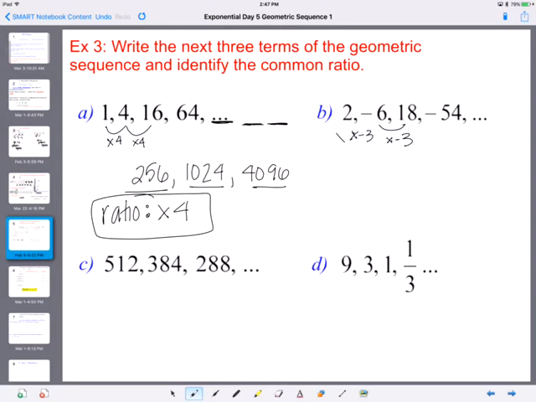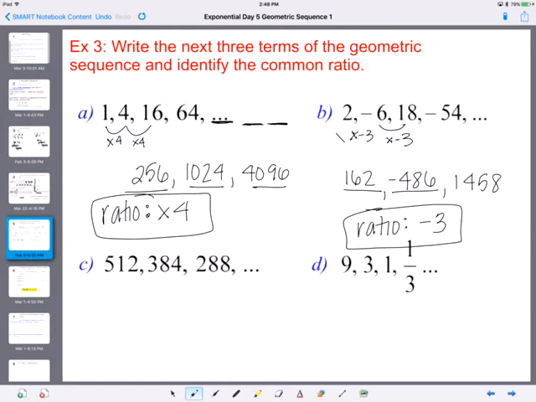Negative 54 times negative 3 is positive 162. 162 times negative 3 is negative 486. And if I multiply negative 486 by negative 3, I get 1,458. So our ratio is multiplying by negative 3.